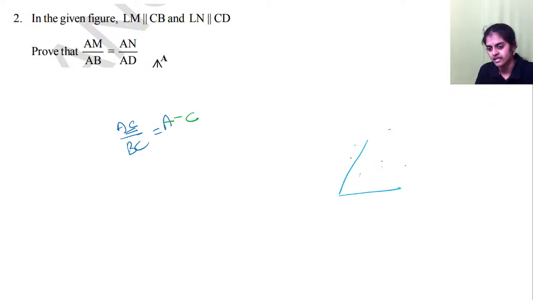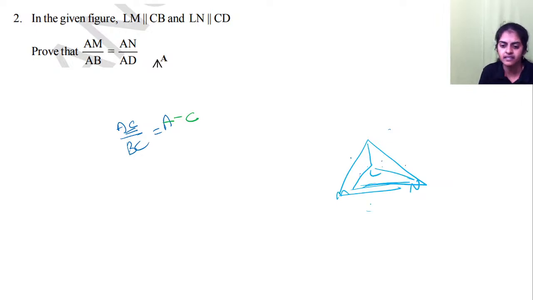So if this is the figure, if I take this as LM and LN, LM is parallel to CB.